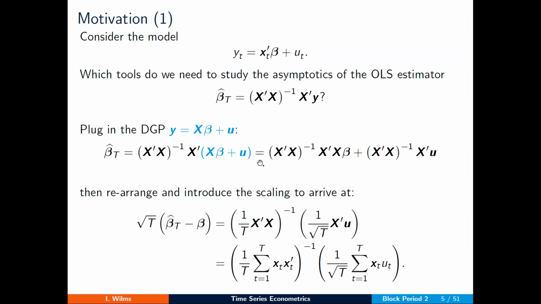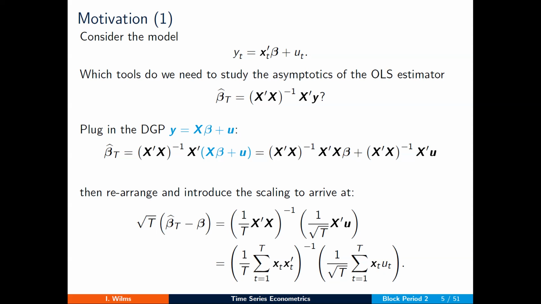You can then expand the product, which gives you this expression. And here you can simplify things a bit because these terms simplify to just the identity matrix. Now then you just bring beta to the other side and you introduce the appropriate scaling, which is root t, to arrive at this key expression.